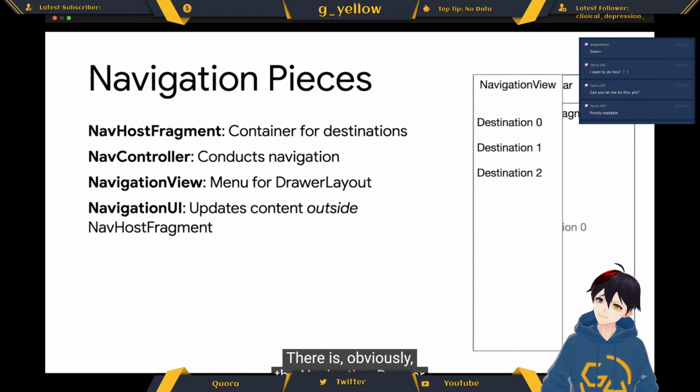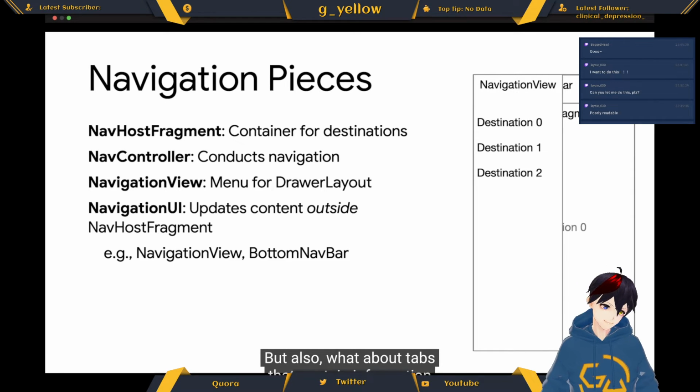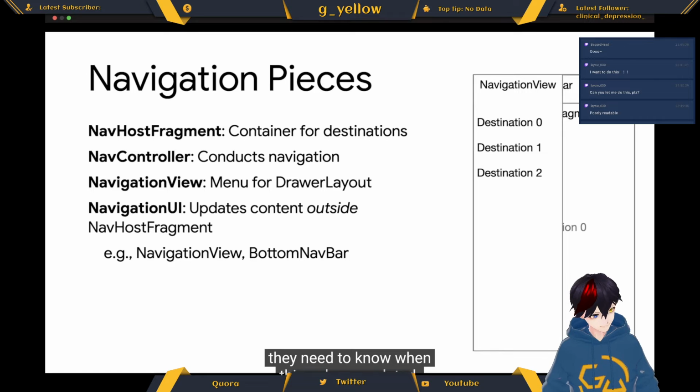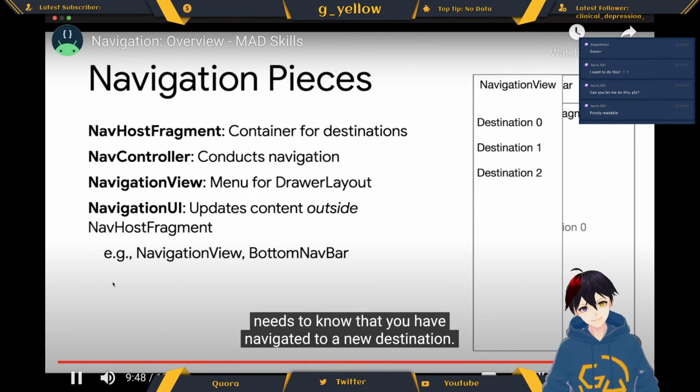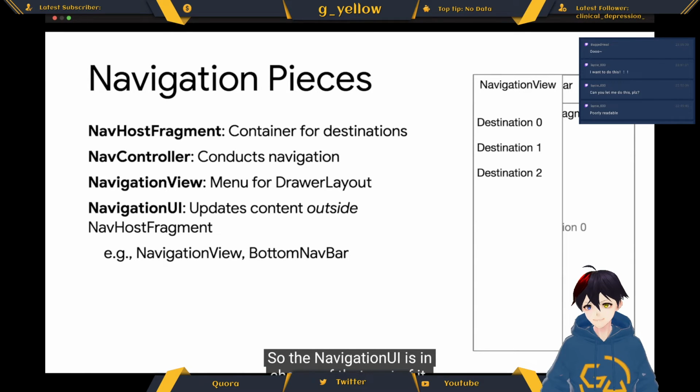There is obviously the navigation drawer that we talked about, but also what about tabs that contain information about where you're at, like the bottom nav bar or navigation view. They need to know when things have updated. The navigation view, of course, needs to be updated. Its UI that's currently sitting off the screen needs to know that you have navigated to a new destination. So the navigation UI is in charge of that part of it.